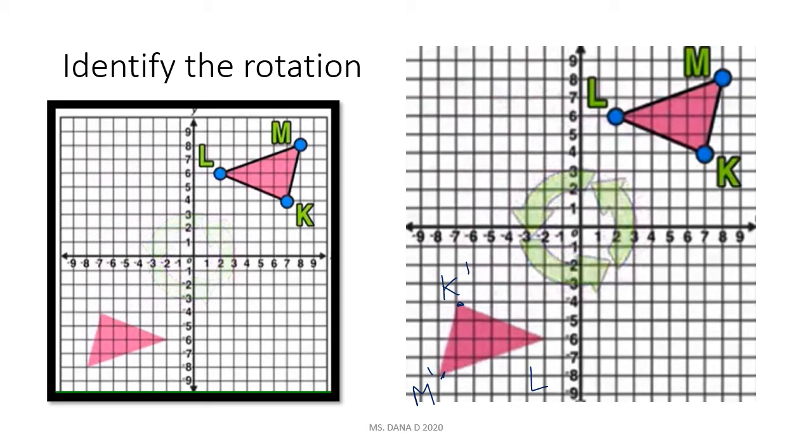And as you have seen in the figure, it is counterclockwise because it's moving from the first quadrant to the second quadrant to the third quadrant. So it is counterclockwise. Okay.